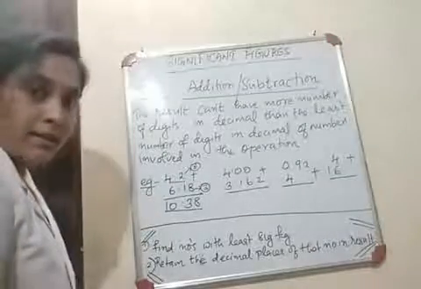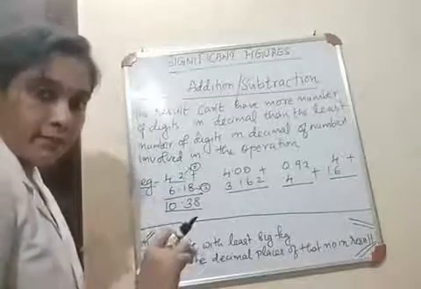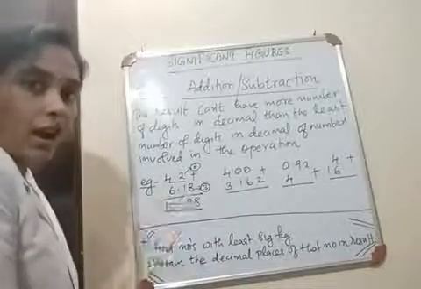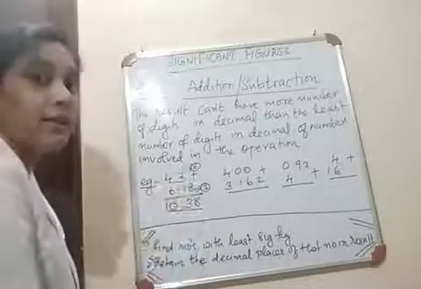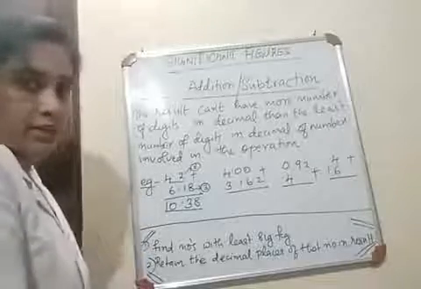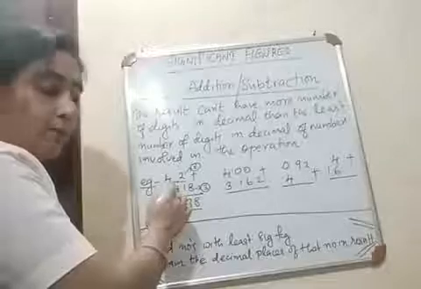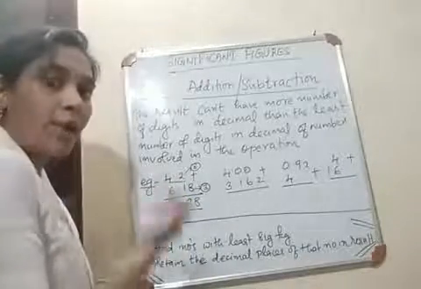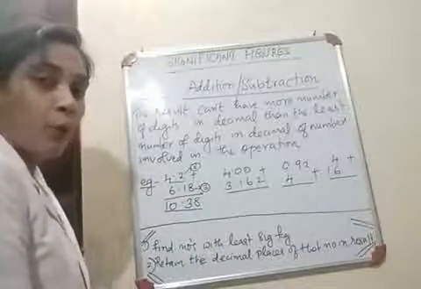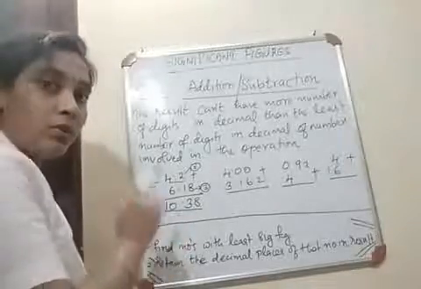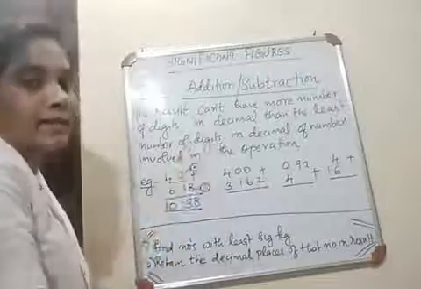In the result, you need to retain only that much decimal places as there are in the number with least number of significant figures. Okay, so here the number with least number of significant figures is 4.2. And how many decimal places are there in 4.2? One decimal place. In the result also, you need to retain only one decimal place.